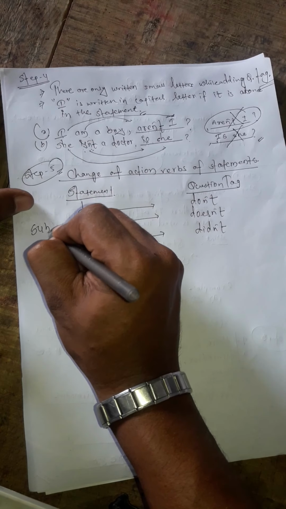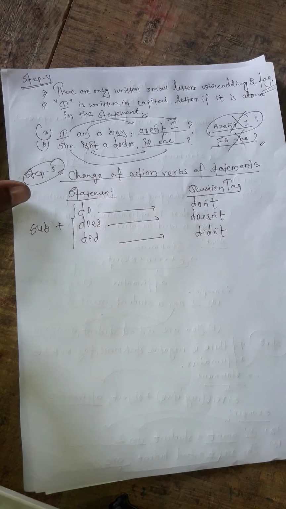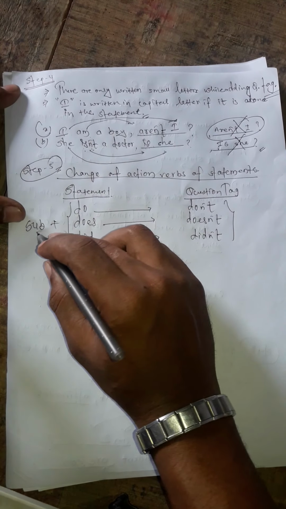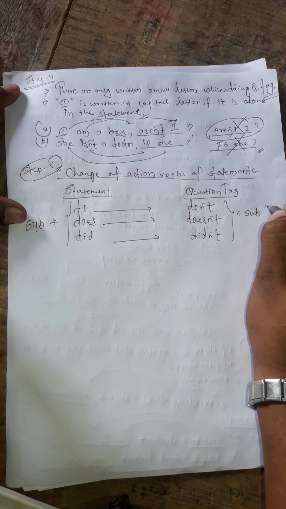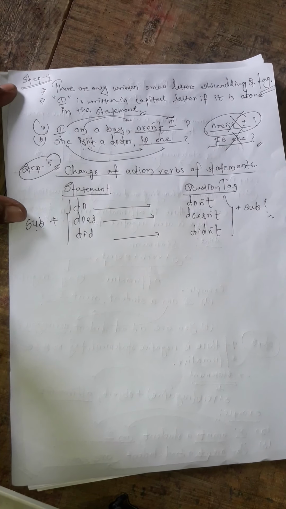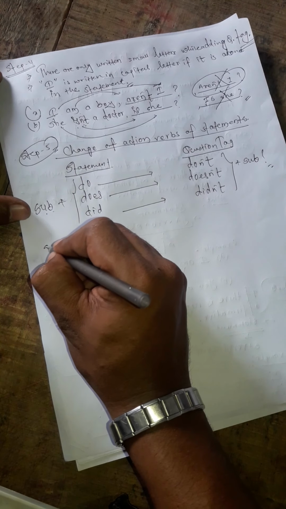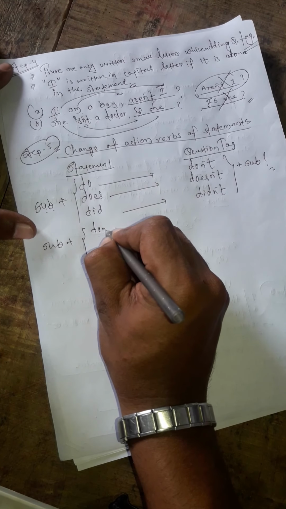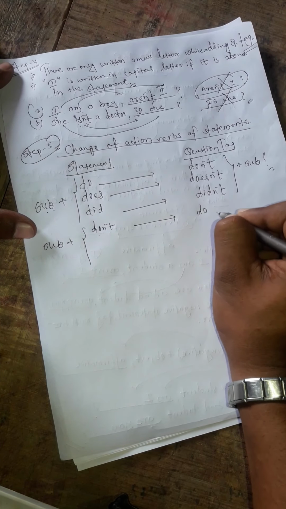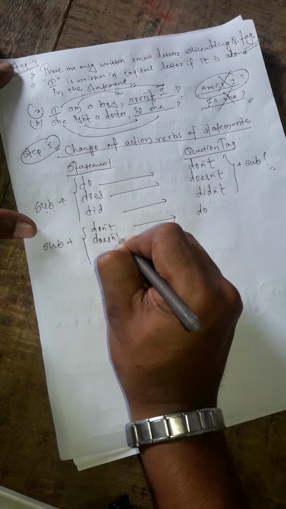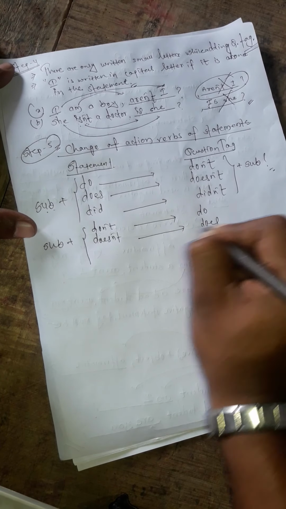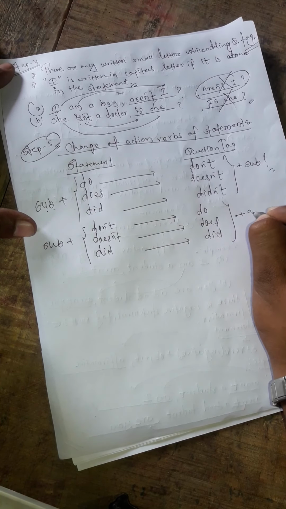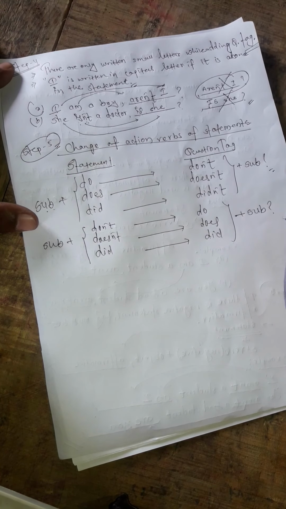And the subject always comes before do, does or did. Then you have to write the same subject in the question tag. If there is subject and after subject there is don't, you have to write it in do. If there is doesn't, you have to write does. And if there is didn't, you have to write did. Then you have to write the subject the same. It must be the question tag.